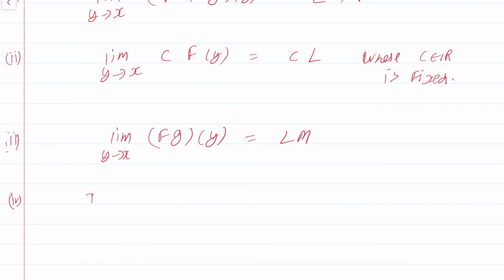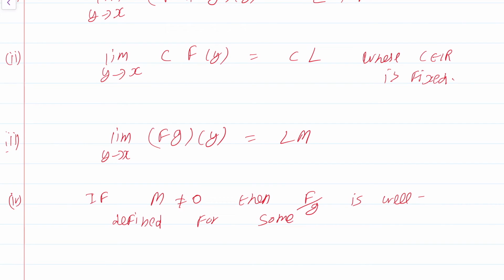If M is not equal to 0, then f divided by g is well defined for some ball B(x, r) intersect A. If M is not 0, that is, the limit as y going to x of g of y is not 0, then f divided by g is actually well defined for some r greater than 0. Okay, so let me just write this precisely.